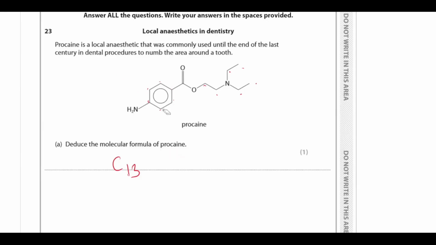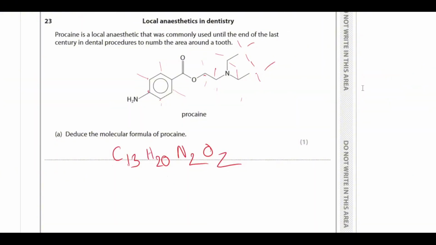If we count the number of hydrogens, we have 1, 2, 3, 4, 5, 6, 7, 8, 9, 10, 11, 12, 13, 14, then 15, 16, 17, 18, 19, 20. So in total there are 20 hydrogens, so H20, we have 2 nitrogens, and if we talk about oxygen, we have 2 oxygens down here, so that's O2.